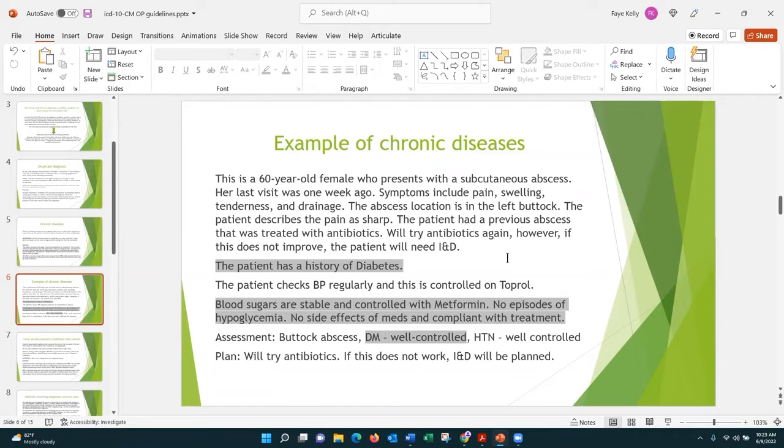It's not that it's history of and it's resolved. And we know that because this patient is on metformin. If that patient didn't have diabetes, she wouldn't be on metformin. And if you have diabetes, it's not going to go away. So this right here, you're going to see a lot. And that is just the physician's thoughts.